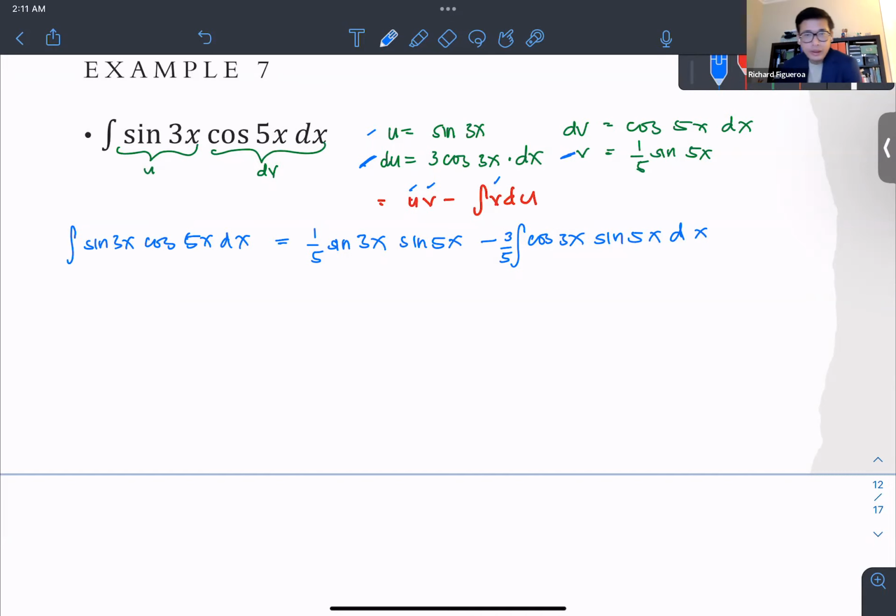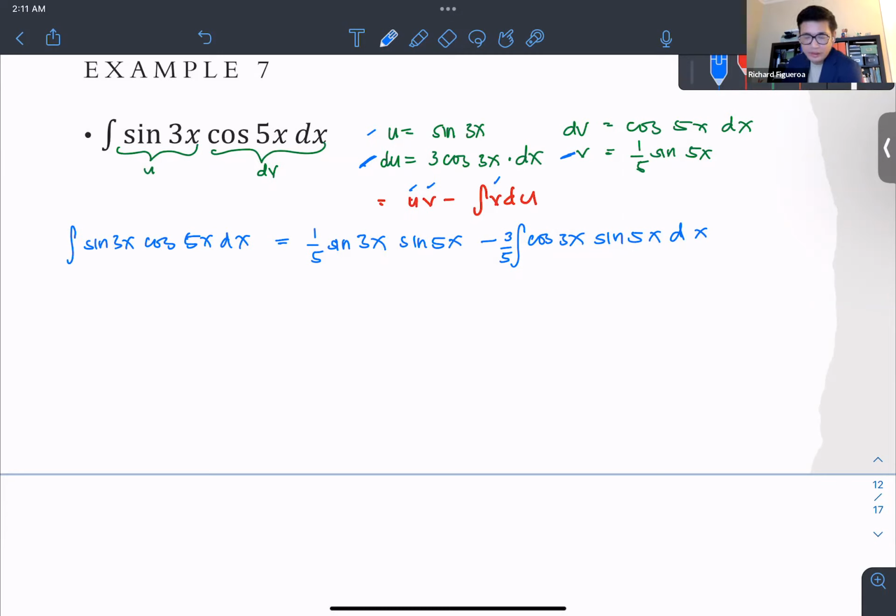But looking at the integral, it just became cosine 3x sine 5x. Somehow it has the same format as the original integrand.